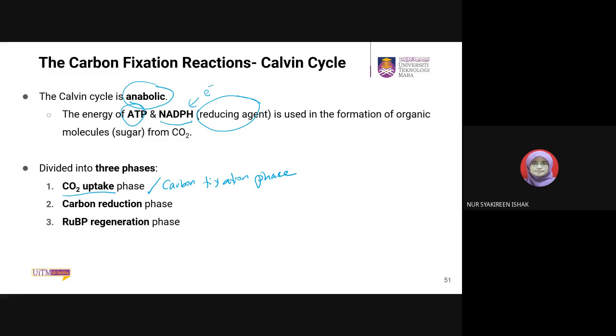And then phase 2 is carbon reduction phase ataupun reduction phase pun boleh juga. And then the third one is RuBP regeneration phase. RuBP is ribulose bisphosphate, a carbon dioxide acceptor. It functions as carbon dioxide acceptor. Okay, RuBP is a 5-carbon sugar.